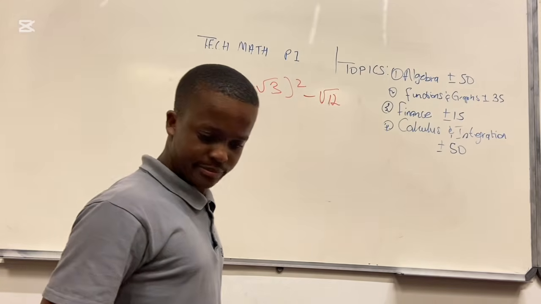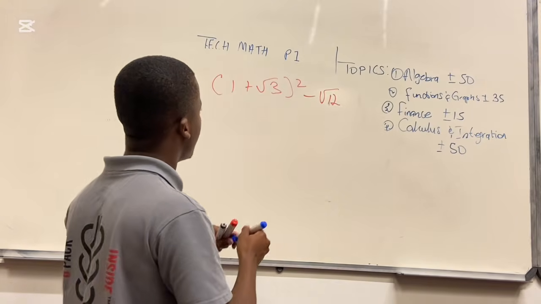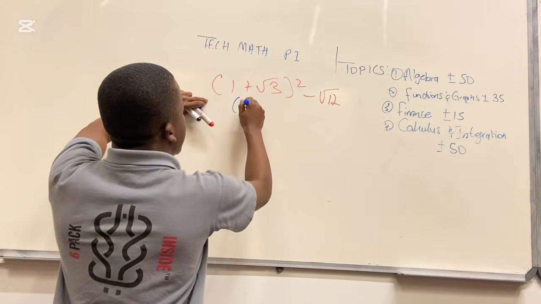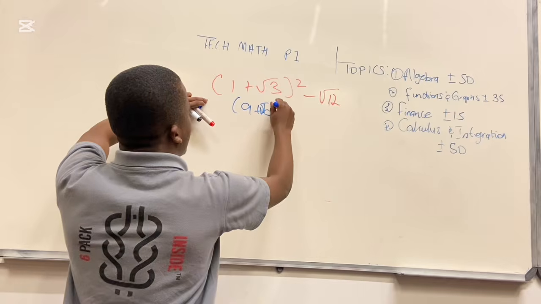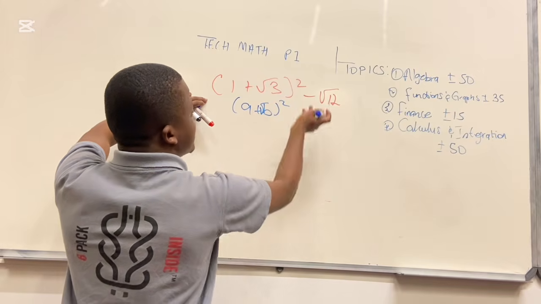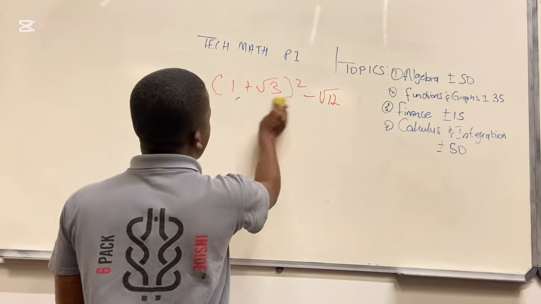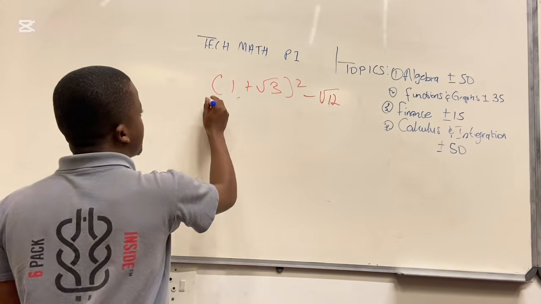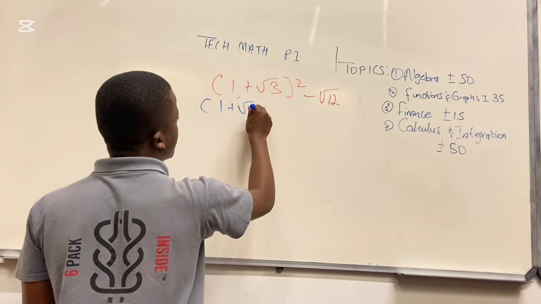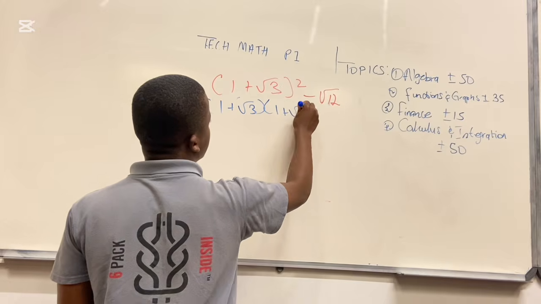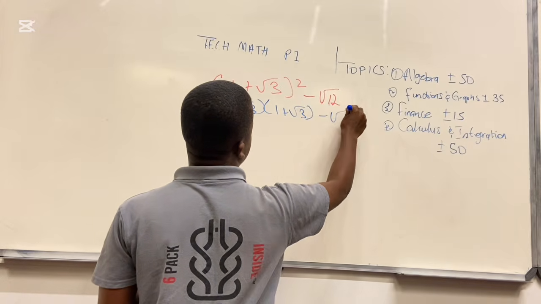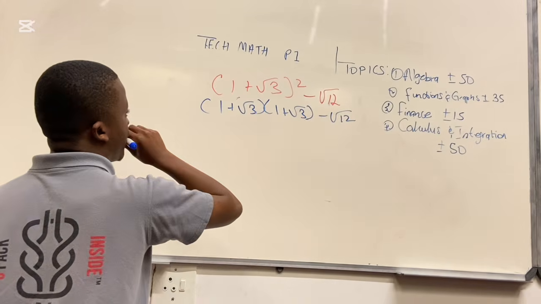What do we do there? As you can see, this is like saying (a plus b) squared. Can you distribute your 2? Alright, now what do we do? This is (1 plus square root of 3)(1 plus square root of 3) minus square root of 12.